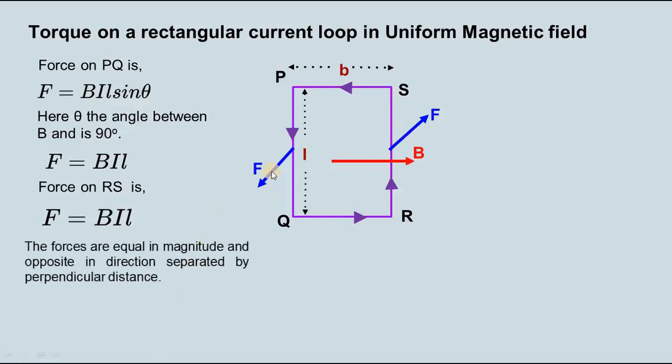These forces are equal in magnitude but opposite in direction and separated by a perpendicular distance. Hence, they constitute a torque. Torque tau is given by force into perpendicular distance.